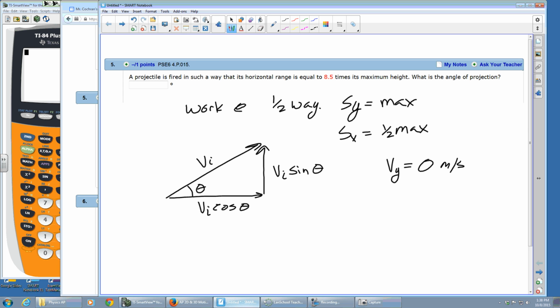And so here, I'm going to have horizontal range is 8.5 times maximum height. So here, at this point, I have sy equals 4.25, or actually, yes. Sx, is that right?